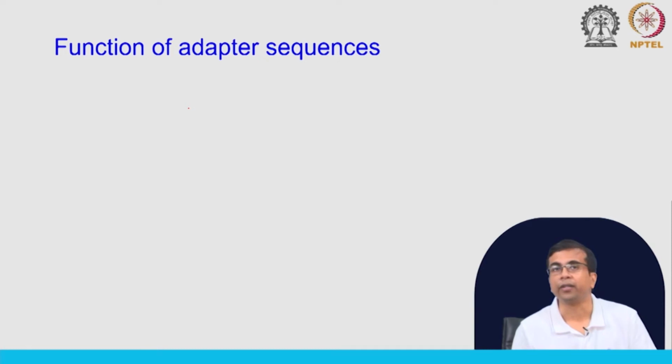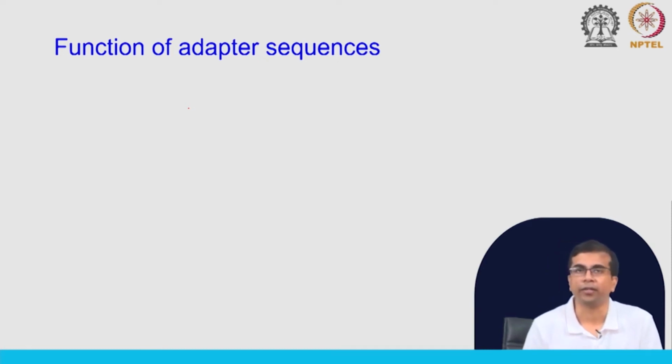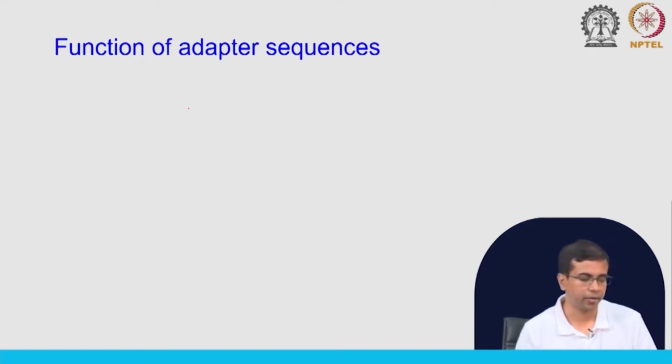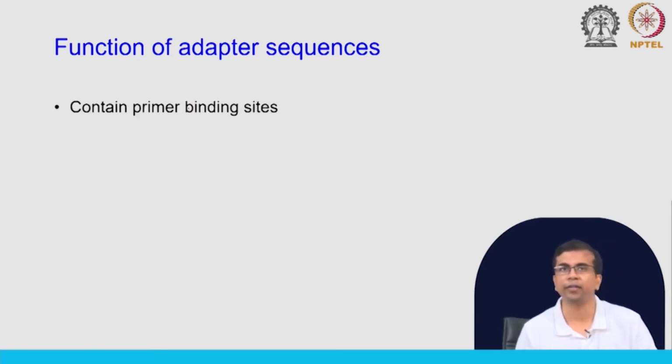So, what is the function of these adapter sequences that we just talked about? Why do you add these adapter sequences? These adapter sequences contain primer binding sites. In many cases we need to amplify the DNA fragments. How would you amplify these fragments, because we do not know any sequence of these fragments?